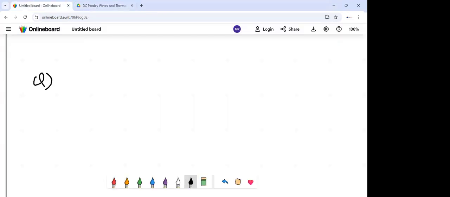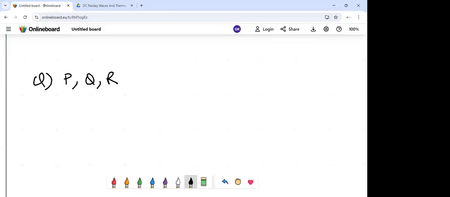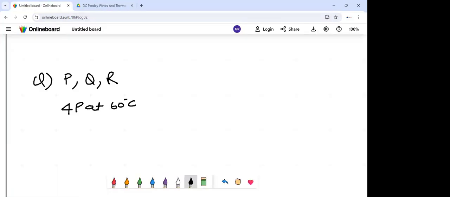So the first question says that we have three liquids P, Q, R. 4 kg of P at 60 degree mixed with 1 kg of R at 50 degree.